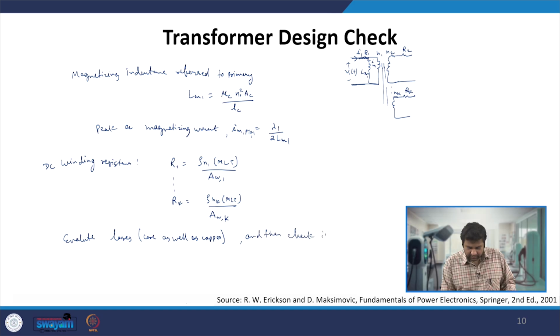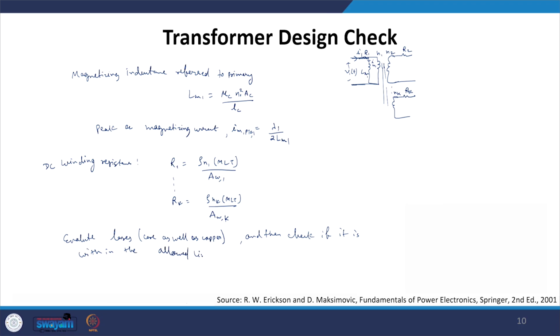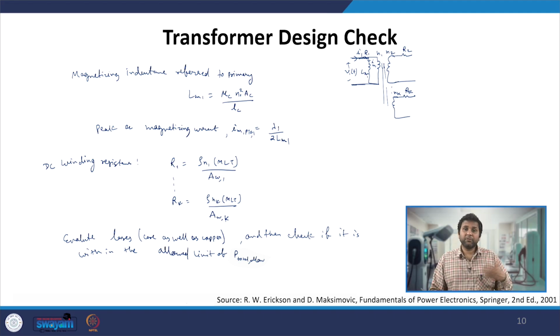if it is within the allowed limit of power loss, or P total allowed, which is one of the specified values, and which you can get by doing the loss budgeting of your converter.